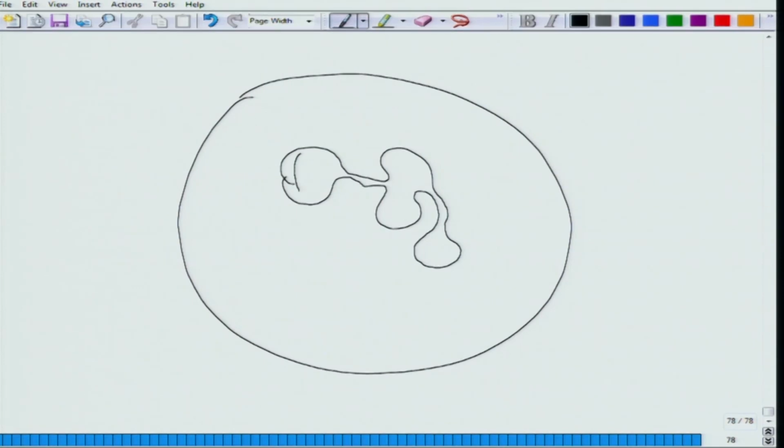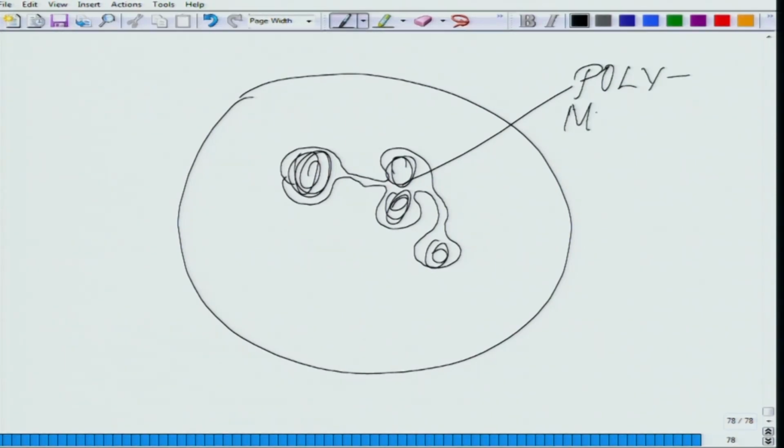So, this is what is meant by polymorphonuclear. Poly, many, morpho, the look, nuclear.